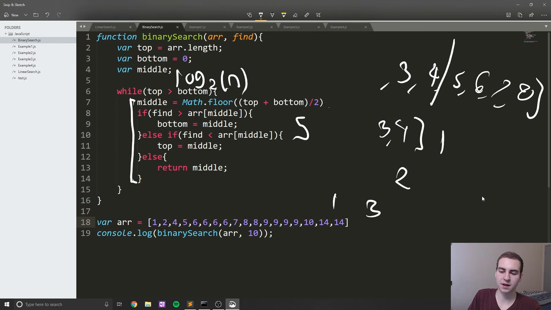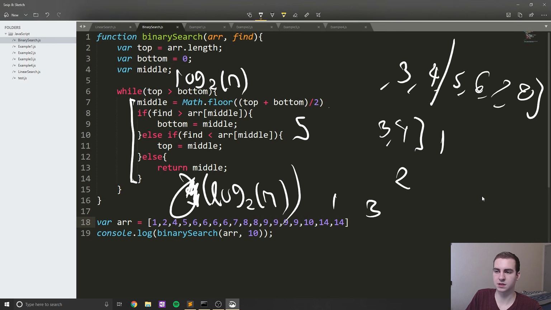Well, wouldn't you say that that's 5 times log base 2 of n? Well, you'd be correct. We do 5 operations log base 2 of n times, right? But the thing is, 5 is a constant, right? And we don't care about constants, so we just remove it. And we say that this is then big O of log base 2 of n. And that's how that works.